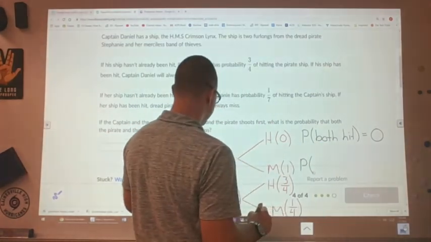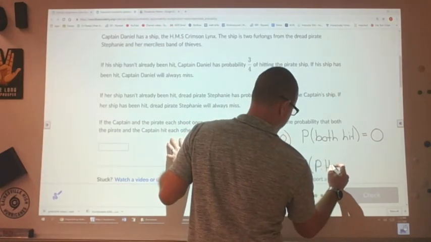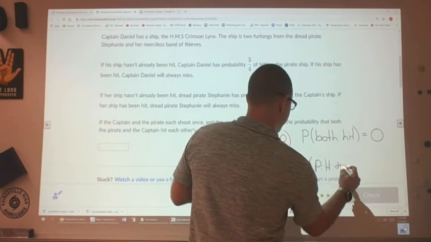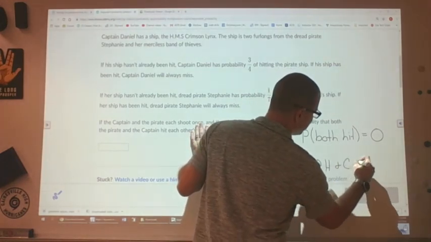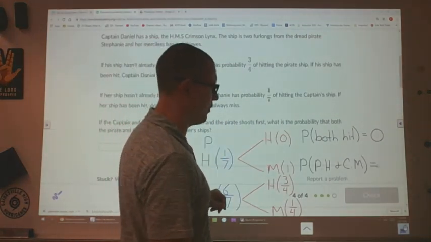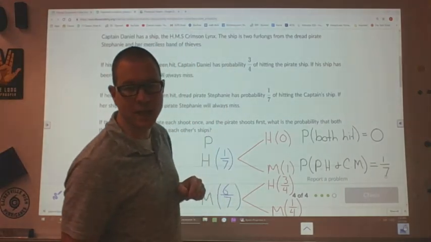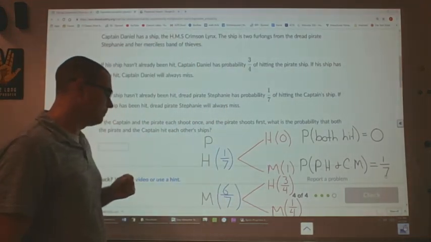The probability that the pirate hits and the captain misses is 1/7. 1/7 of the time, 1 out of 7 trials, that's what's going to happen.